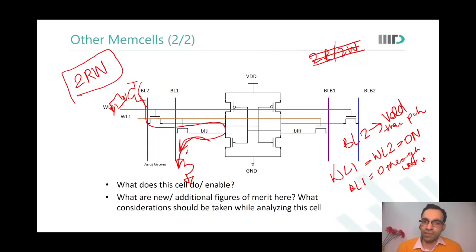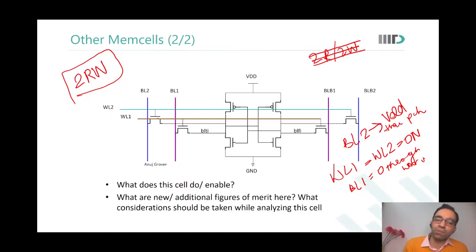There could be another worst case, which you will realize when you do that homework that I had given you last week. Let us say this word line 1 went on, and then word line 2 went on, and BL or BL1 discharged subsequently.